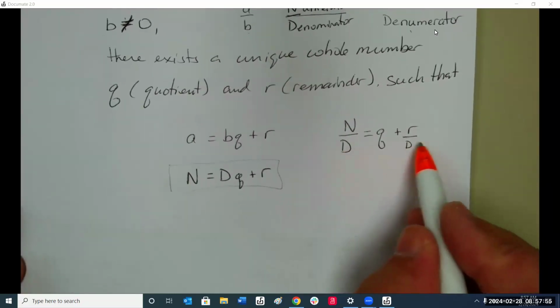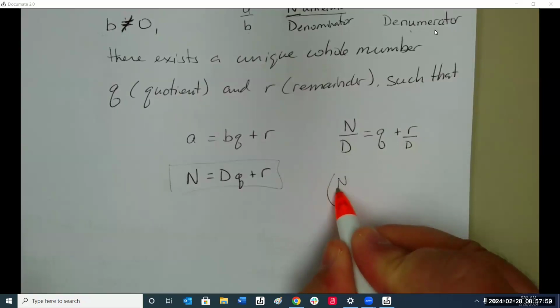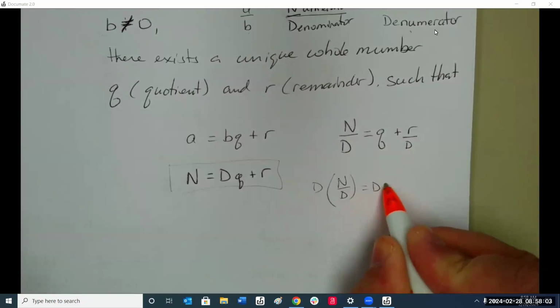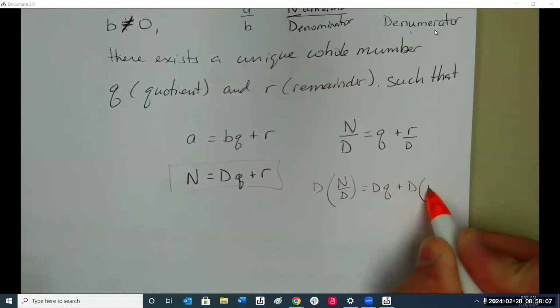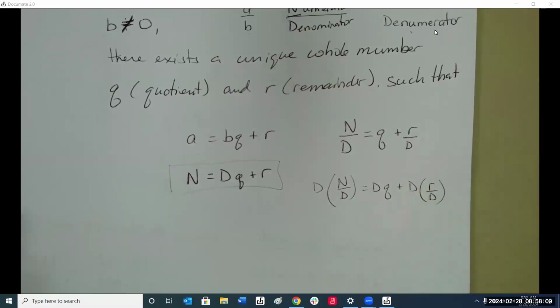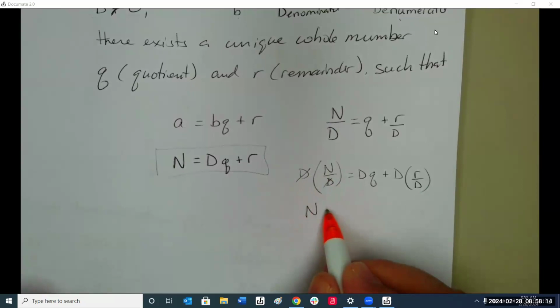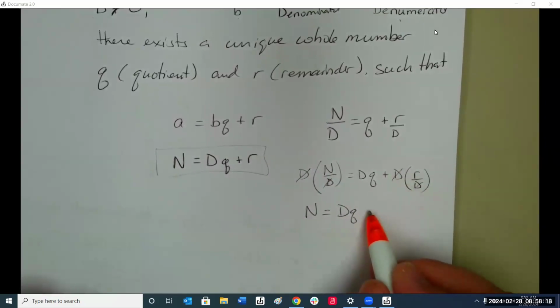If we multiply each term by D, the D's cancel here. We have DQ and the D's cancel there.